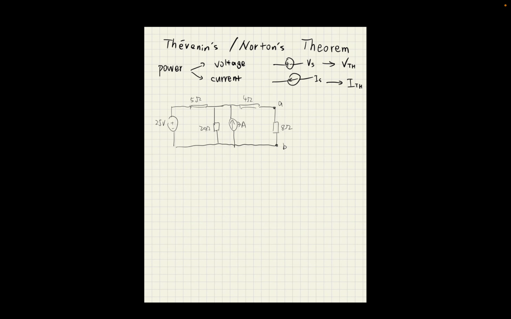Now, if you have some basic knowledge of electricity or circuits, you will probably know this word: load. I won't go through it. In this circuit, we treat the resistor between point A and point B as the load, which is this one, the 8 ohm resistor.